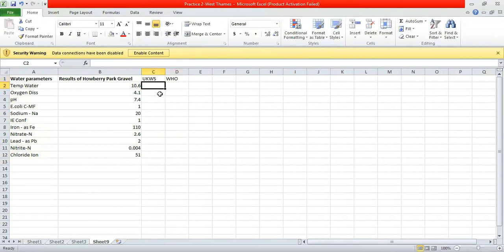Okay. So what do we do next? Since we have our values, we know that for countries, we talk about standards, and for WHO, we normally mention guidelines. And so these values I showed in the presentation.